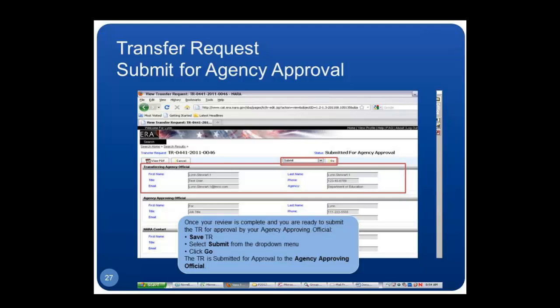In doing this, the transfer request is submitted for approval to the agency approving official. Again, this is an internal submit within your agency, not a submit to the National Archives. As Lynn noted previously, it's important to save the transfer request periodically to ensure your information saves, and I would encourage individuals to save the transfer request before submitting to the next stage.